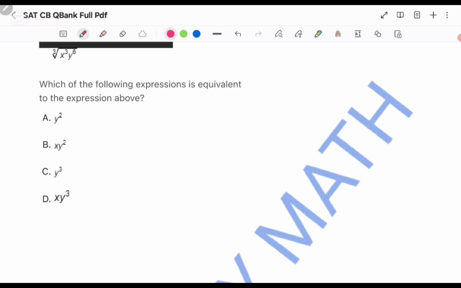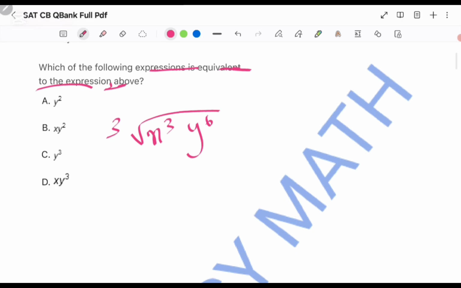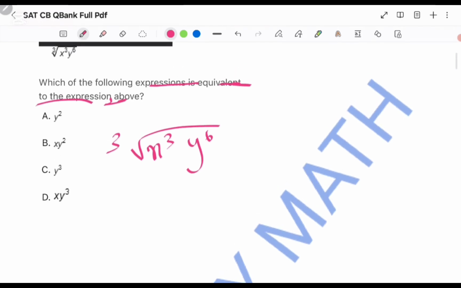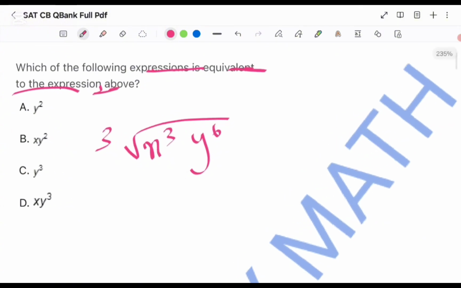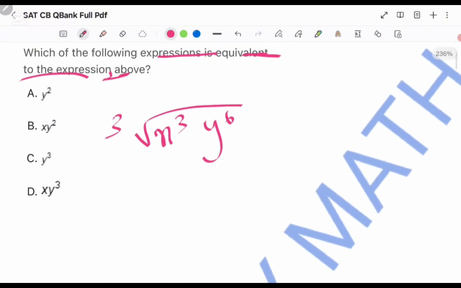So here we're being asked which of the following expressions is equivalent to the expression above. The expression above is the cube root of x cubed y power 6. So when we have a cube root, which could be a little bit difficult for some of us, just think of it as if you are doing whatever the power inside over the power outside.